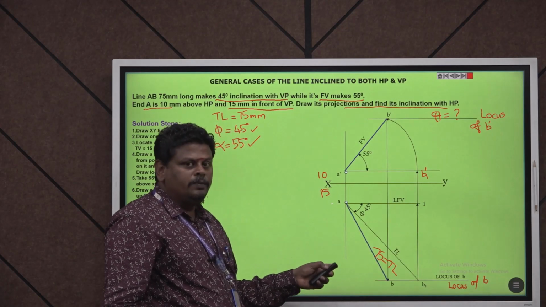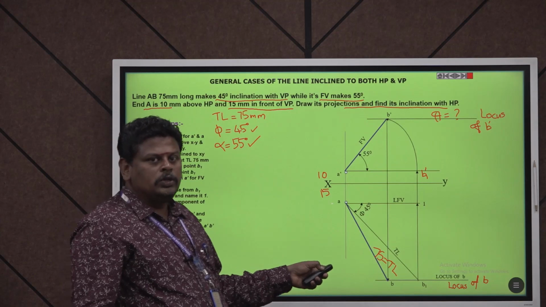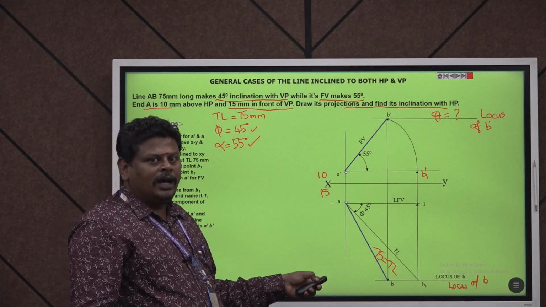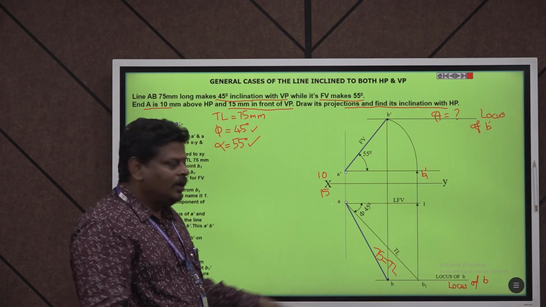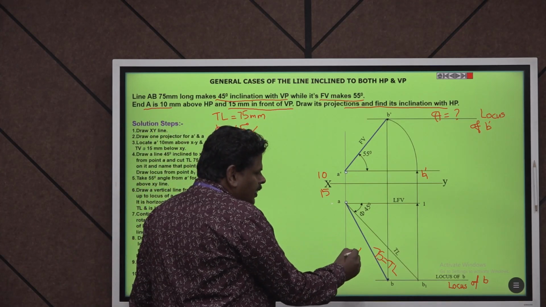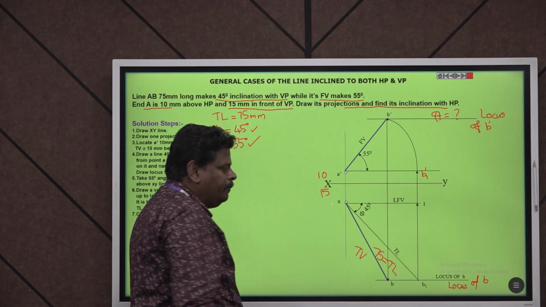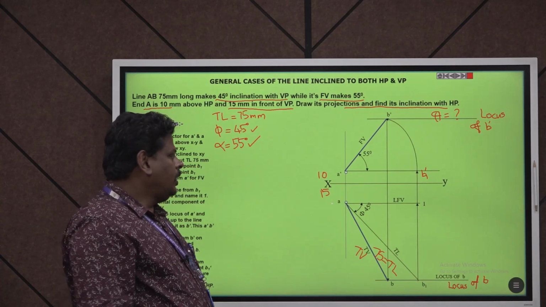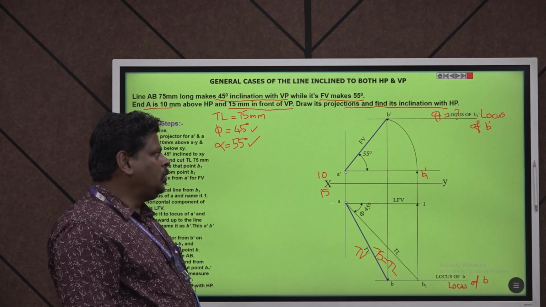So, here again a b is being joined, and that is also shown using a violet color line, and this line shows the top view a b. Okay. So, this is the top view a b.